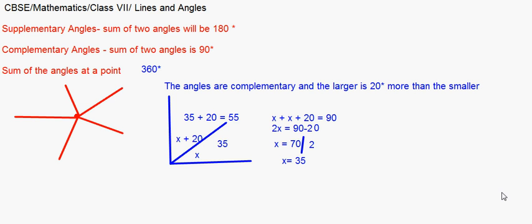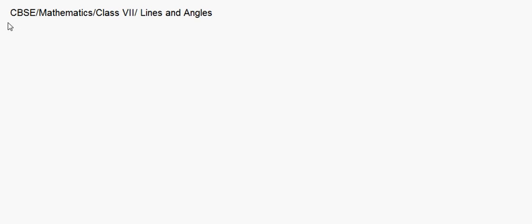Let's see another one. I move on to another screen. Next question here says an angle is 30 degrees less than 2 times its supplement.